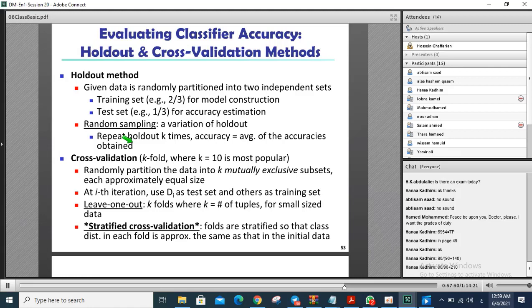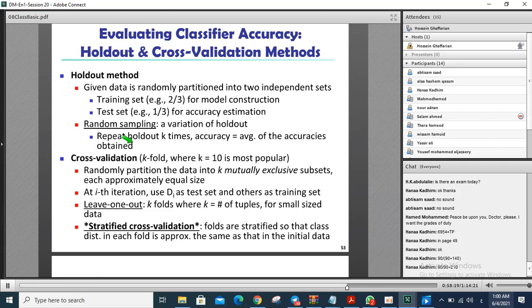So if I change my training and test sets, the result will change. If you rerun the classification, you will receive different accuracy values.